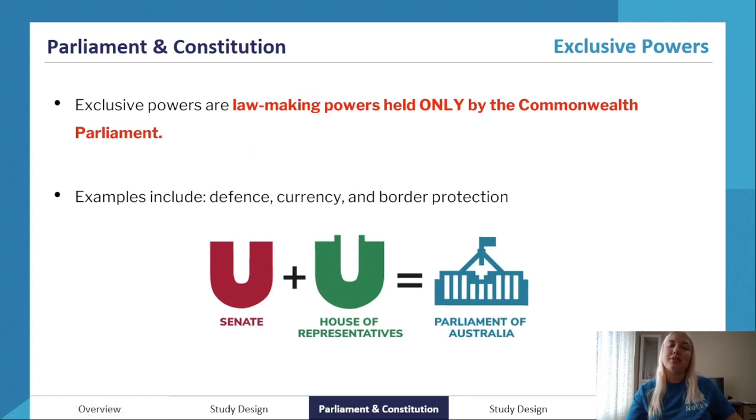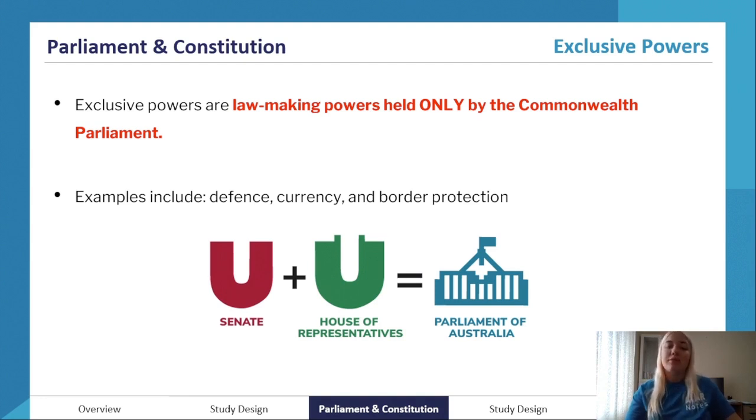These include things like defense, military, the currency within Australia, border protection, import and export outside and into Australia with other countries, and signing treaties and declarations with other countries, things like that.